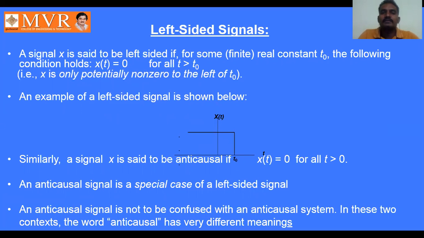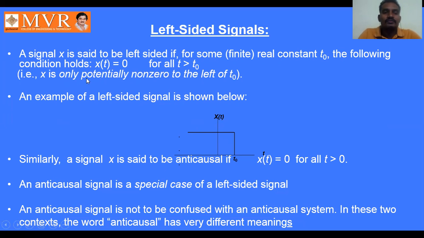Similarly, coming to left-sided signals, like right-sided signals, we have left-sided signals also. A signal x is said to be left-sided if, for some finite real constant t naught, the following condition holds. That is, x of t is equal to 0 for all values of t greater than t naught.